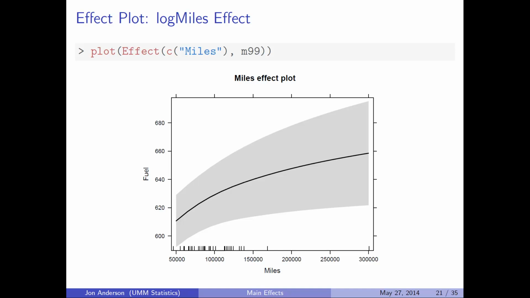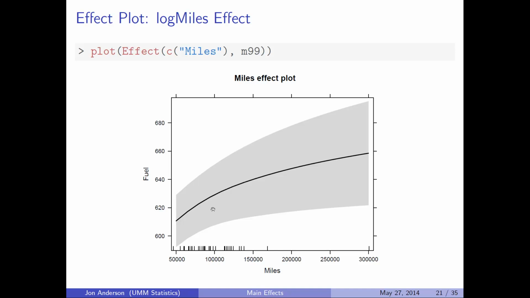We had a coefficient in there, log of miles. And what does the effect look like on fuel consumption? Well, what you can see from this diagram, plotting the effect command for the miles term from model M99, is that for very, very high miles, the change in the mean function, or the change in fuel consumption, is quite modest.